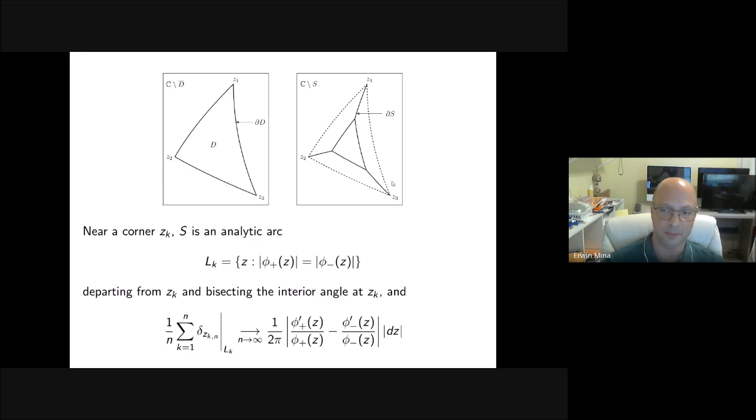So essentially, so far this is the best we have been able to say about this set S. We know it's minimal. Near the corners it is nice, so it consists of these analytic arcs. Away from the corners, more toward the interior of the domain D, this is more fuzzy.